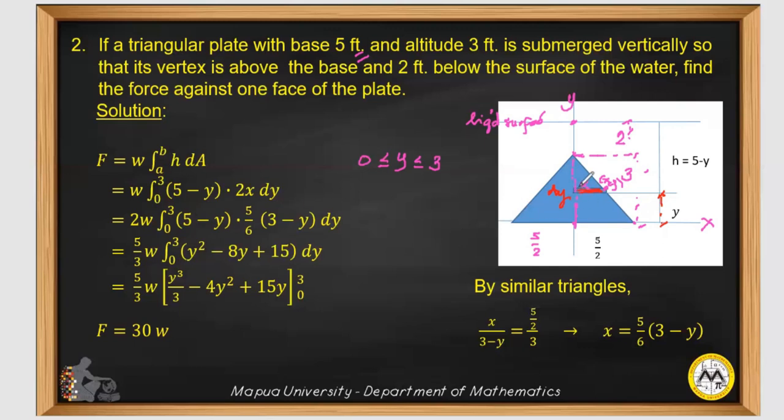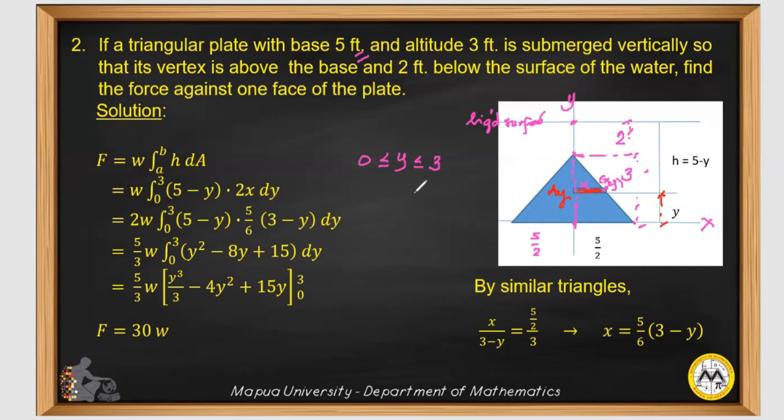We have x times the differential of y, and then just multiply it by 2. So the force due to liquid pressure is 2w times the integral of 5 minus y, that is h, times the value of x. Now, take note that the variable of integration is y, and we have x in the integrand. Therefore, we have to express x in terms of y.